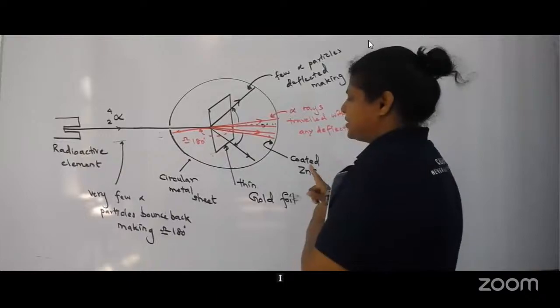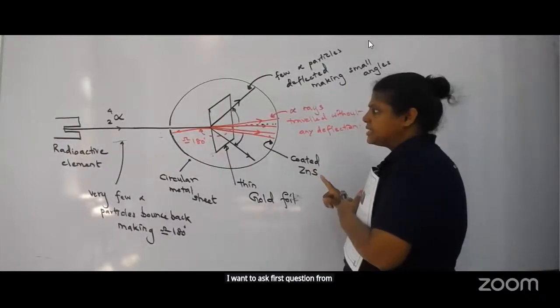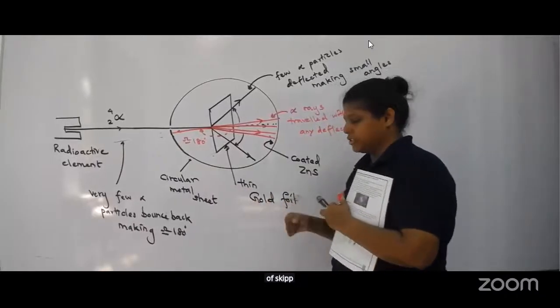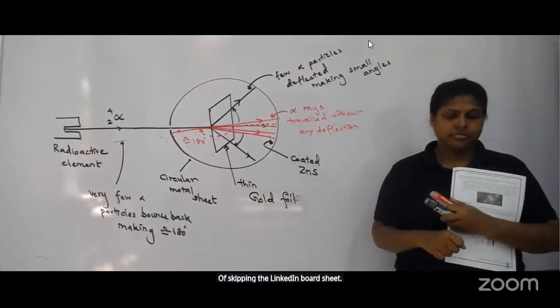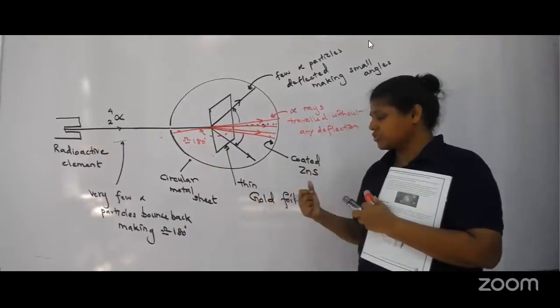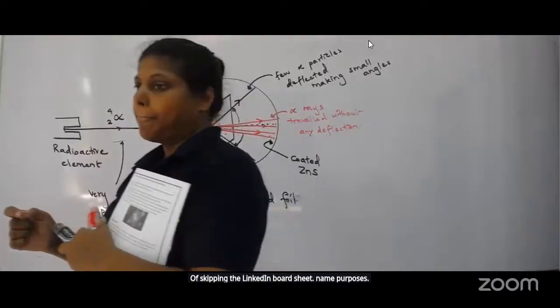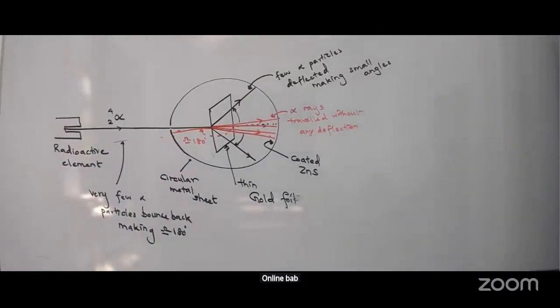I want to ask the first question. What is the purpose of using a very thin gold sheet? What is the main purpose?